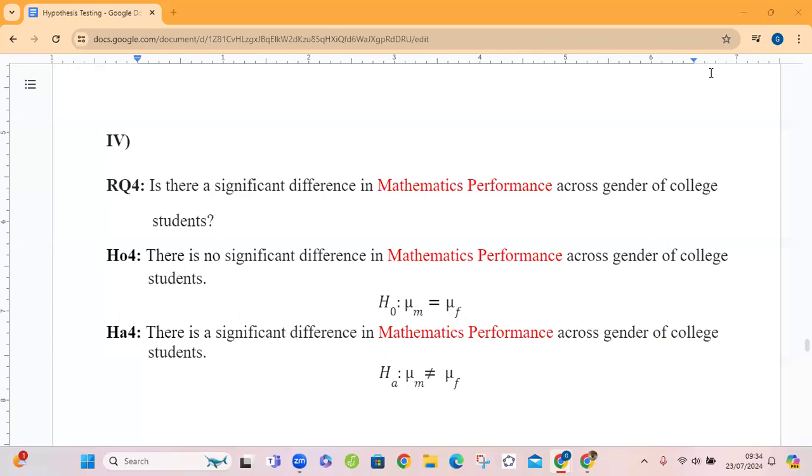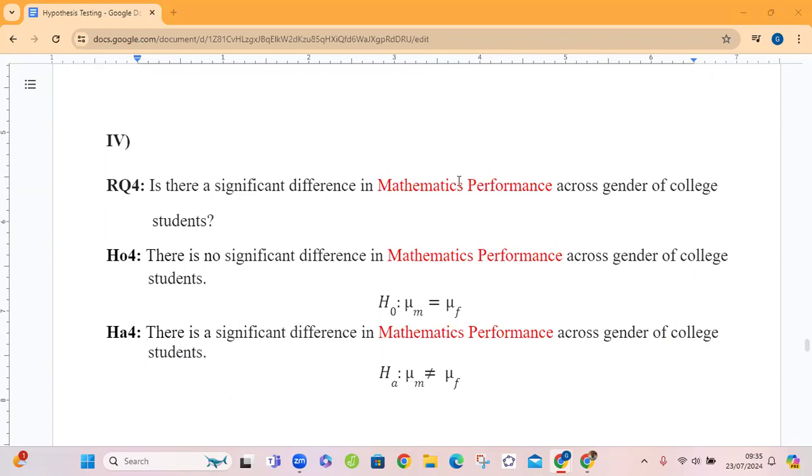Here's a fourth example. Is there a significant difference in mathematical performance across gender of college students? So the null will say there is no significant difference in mathematics performance across gender of college students. And because this is a z-test or t-test for population mean, that will be two samples z-test or t-test, then the statement has to be translated to symbolic form.